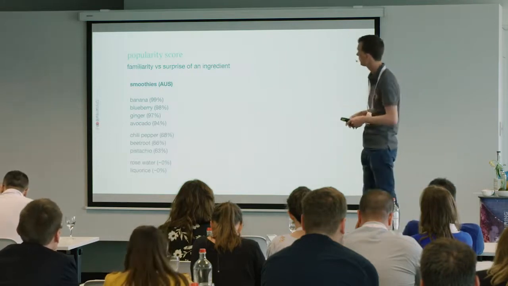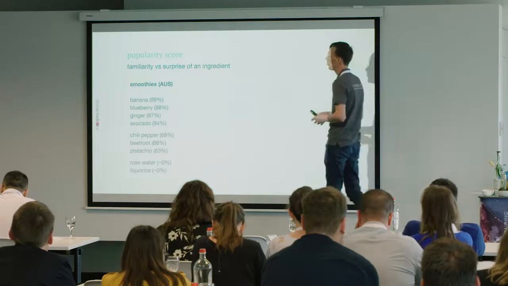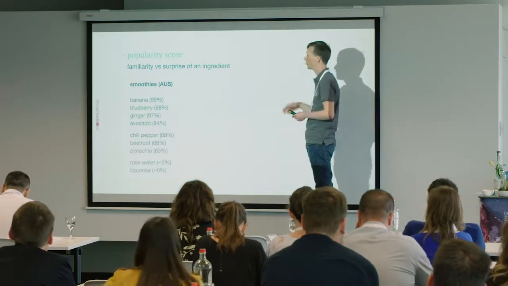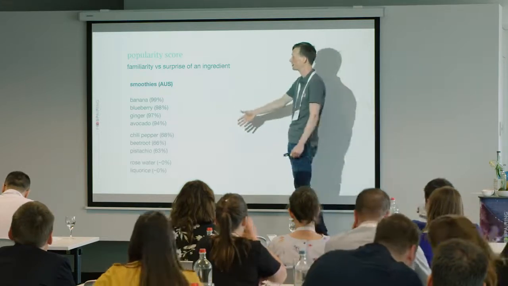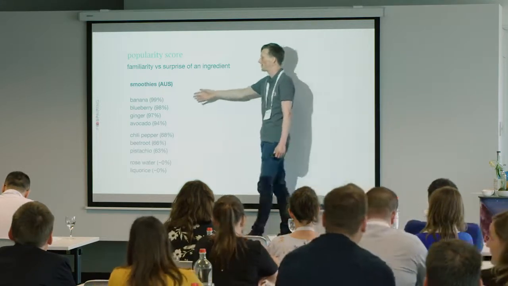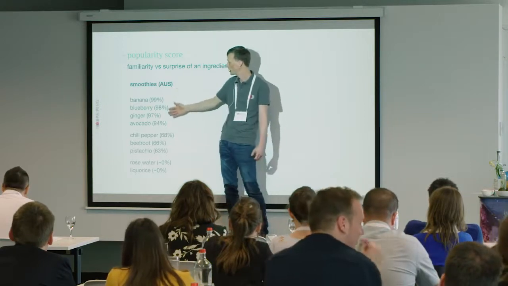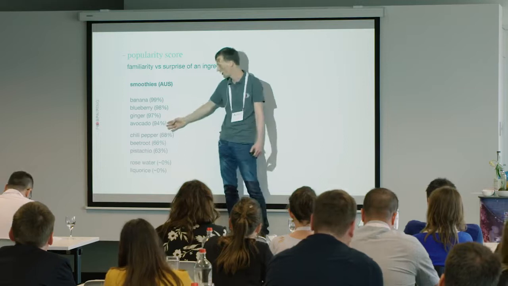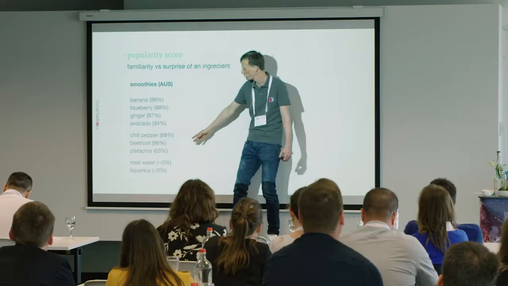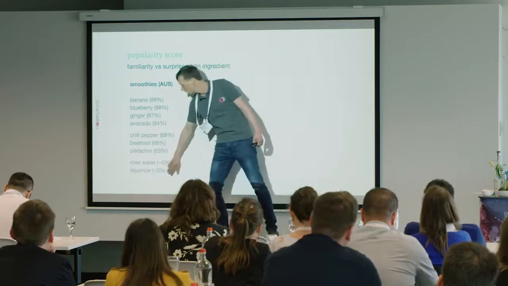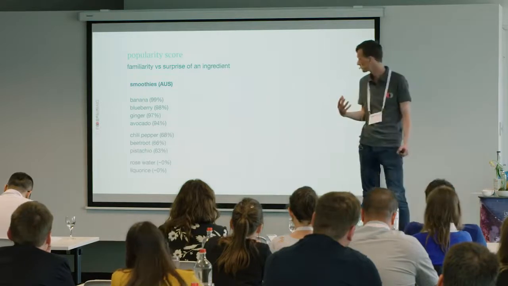For example, if we look at the data in Australia and we want to know what are the most popular ingredients in the application of smoothies, well, these are some of the results. The most popular, and that's not surprising, is banana, followed by blueberry, ginger, and so on. But avocado is quite high for smoothies. And then at the other side of the picture, licorice and rosewater are not popular at all.